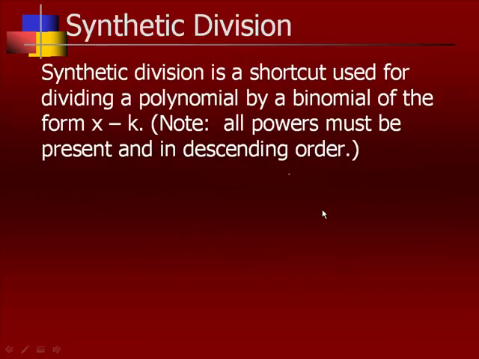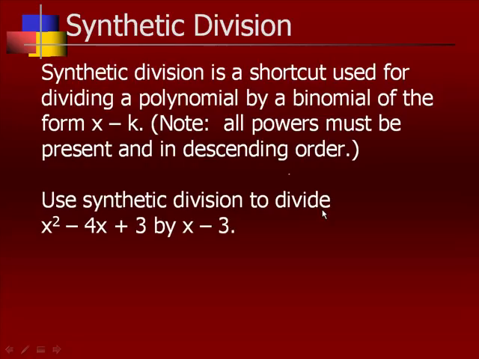Now, synthetic division is a shortcut used for dividing a polynomial by a binomial of the form x minus k. In synthetic division, all powers must be present, and they must be written in descending order.